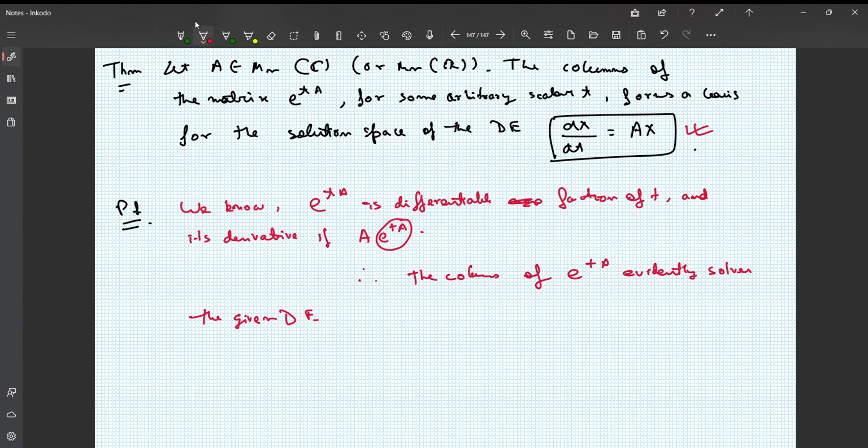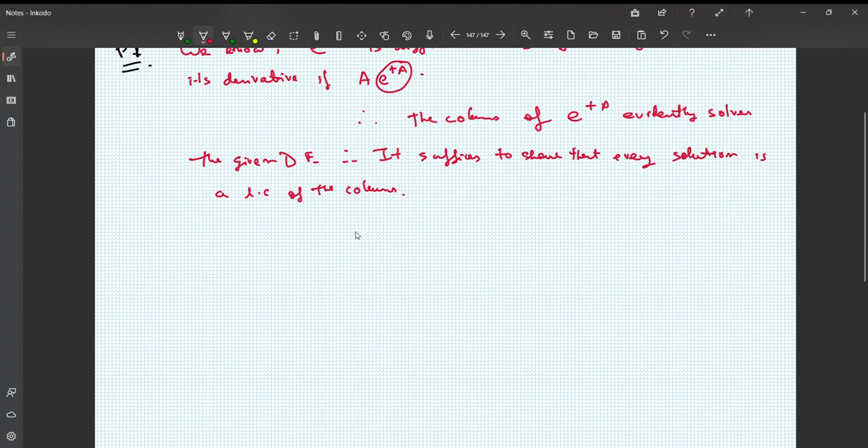Therefore, it suffices to show that every solution is a linear combination of the columns. So let x(t) be an arbitrary solution.